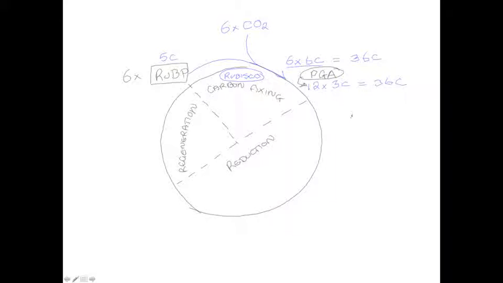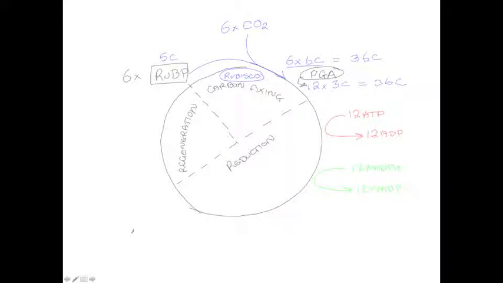So we have the addition of 12 ATP, which will drop off their phosphates and leave as 12 ADP. In addition, 12 NADPH will enter, drop off pairs of electrons and hydrogen ions, and leave as 12 NADP+.